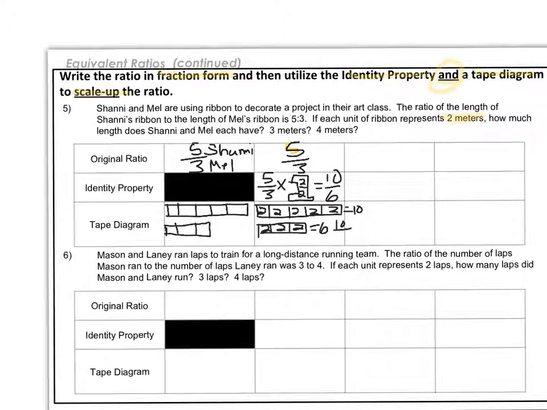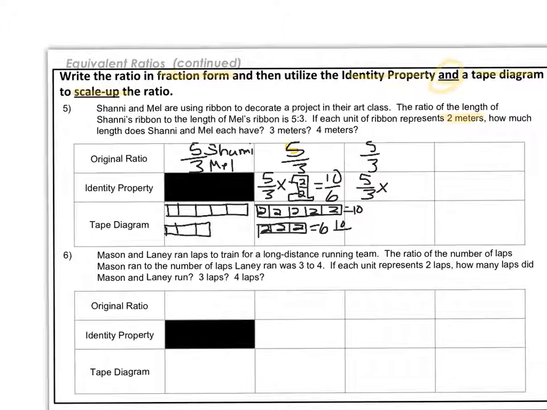Now what if each unit represents 3 meters? That means we're now scaling it up by 3. So we're going to write 5 over 3, again our original ratio.